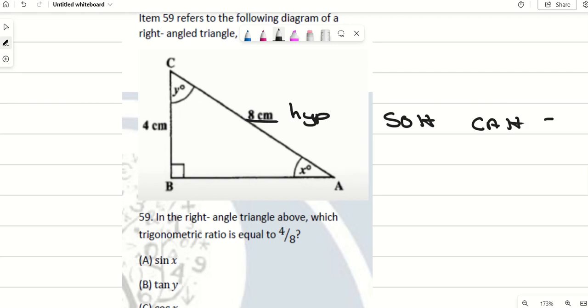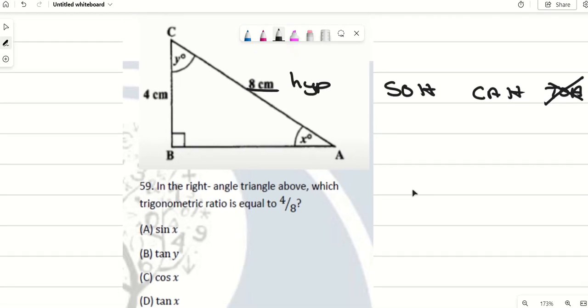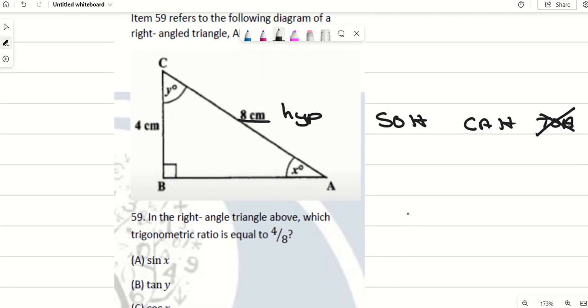SOHCAHTOA, it is not going to be tan. Anything with tan is wrong, right? We are looking for 4 over 8. We know 8 is our hypotenuse, and 4 is potentially either opposite or adjacent, depending on the angle that we use.